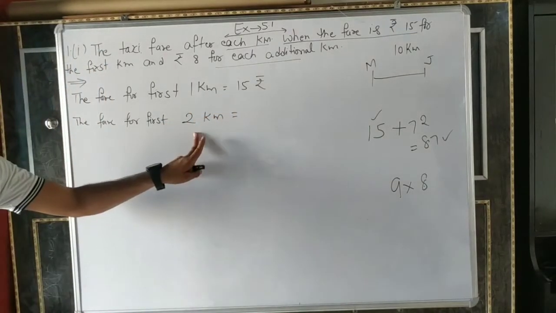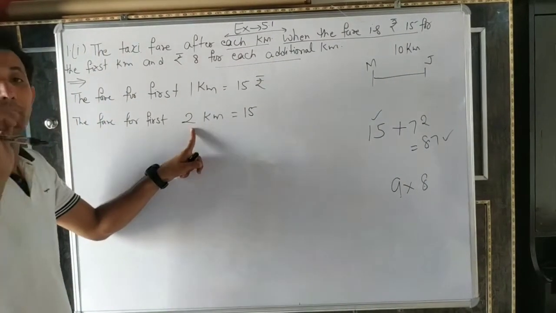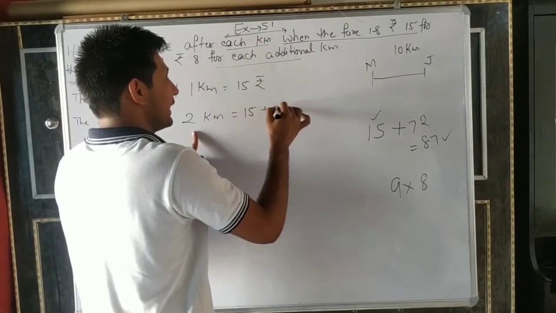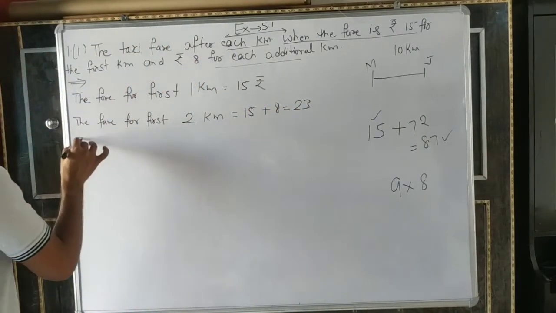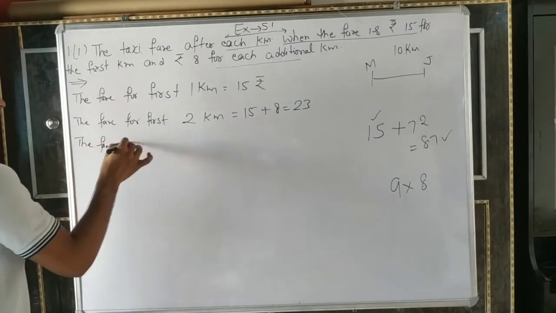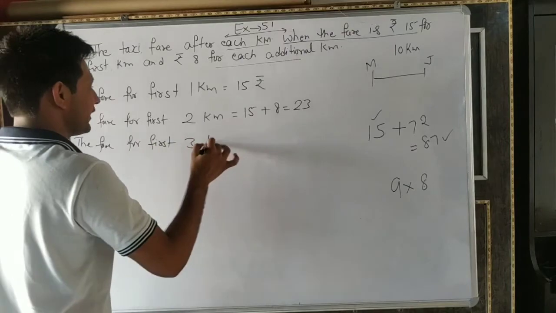If you want to go 2 kilometers, 15 rupees for the first kilometer. Now how much remains? 1. So 15 plus 8, how much will you pay? 23.